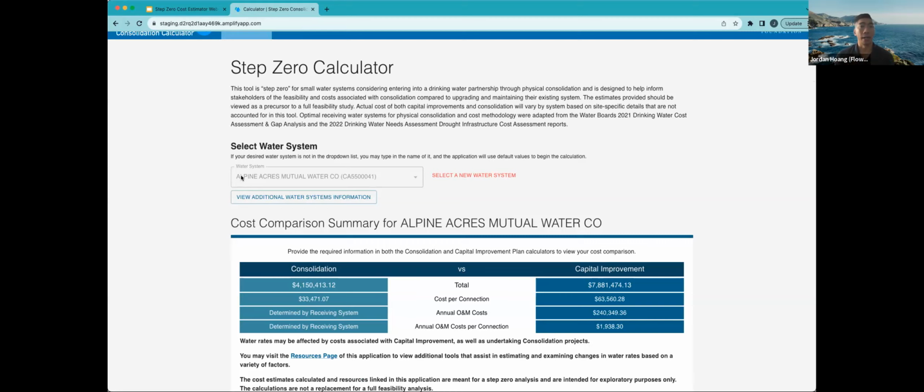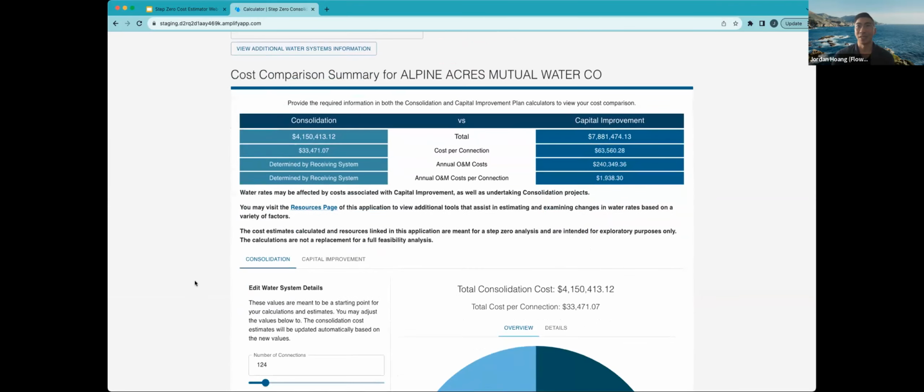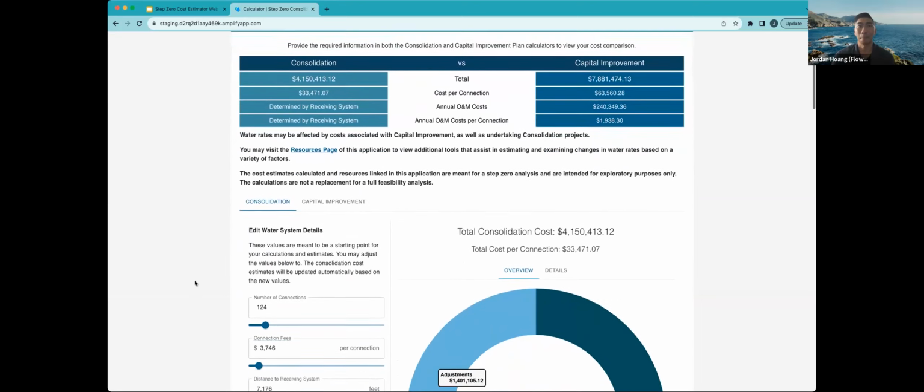But we'd love to have the opportunity to continue updating this. I know the needs assessments and the findings in those are getting updated each year as well, so I'd love for this application to be able to keep up with those changes. So we are definitely wanting to find a way to keep it as relevant and updated as we can.